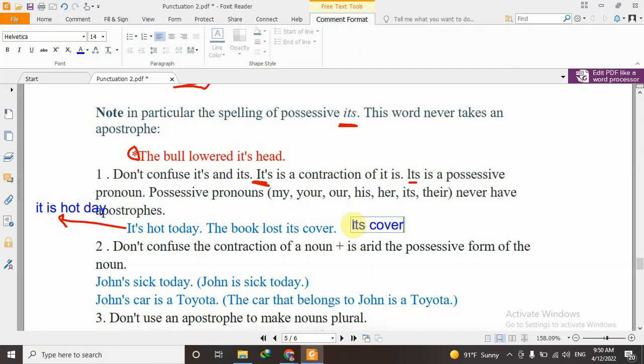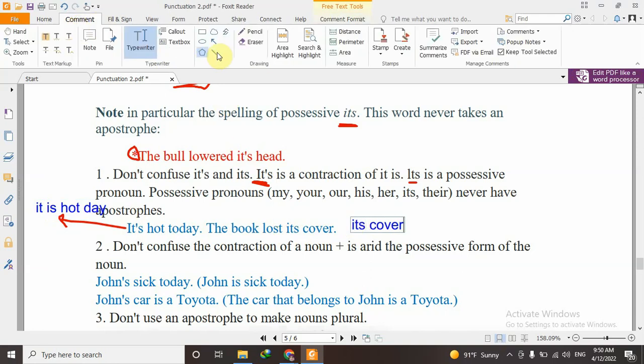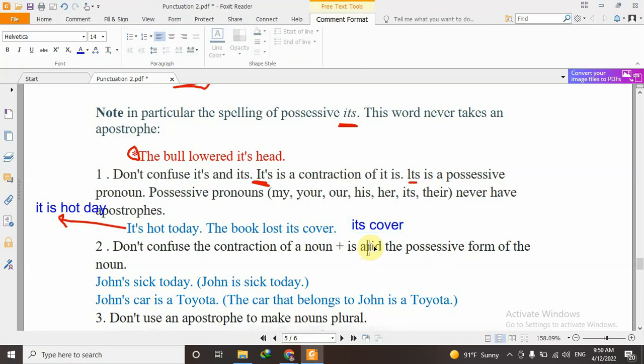Also, don't confuse the contraction of a noun plus "is" with the possessive form of the noun.